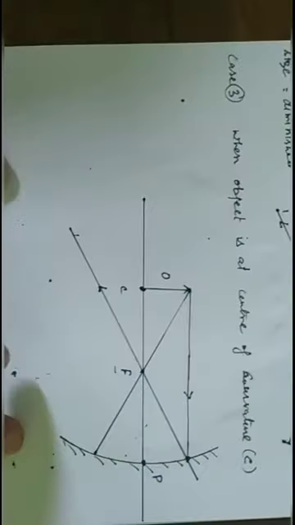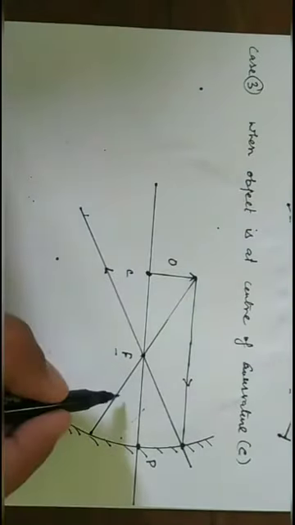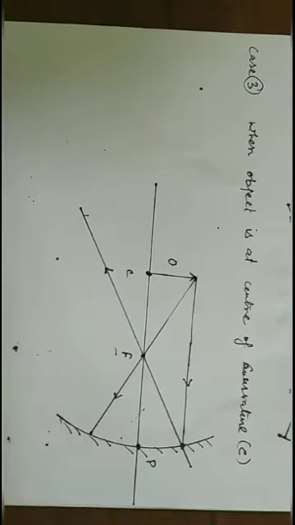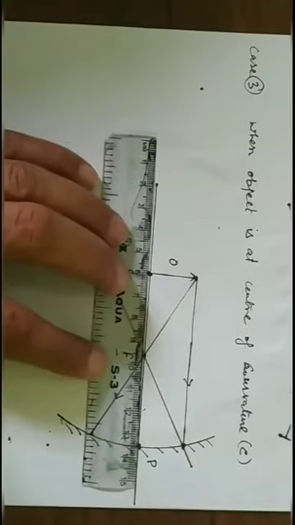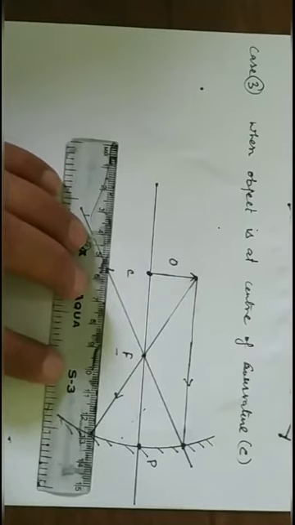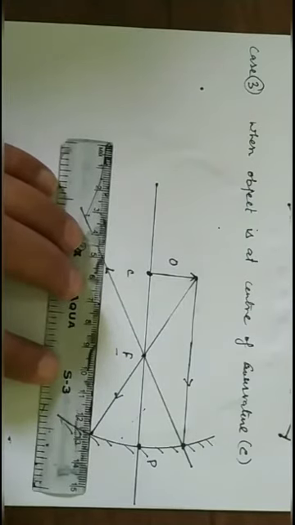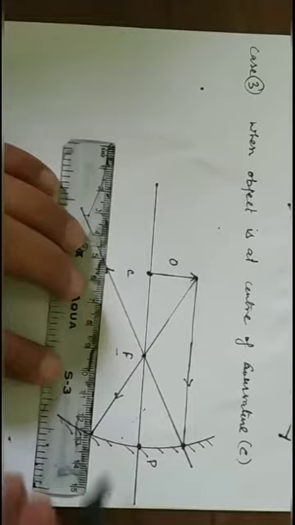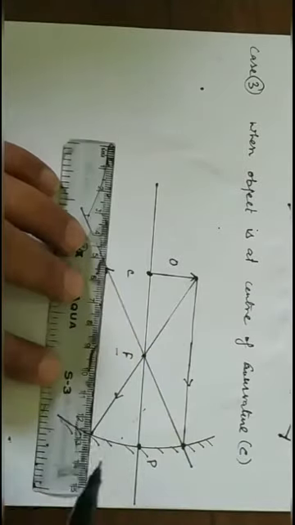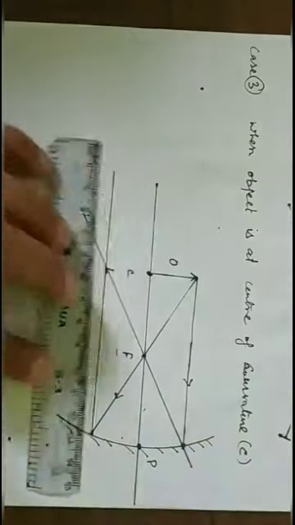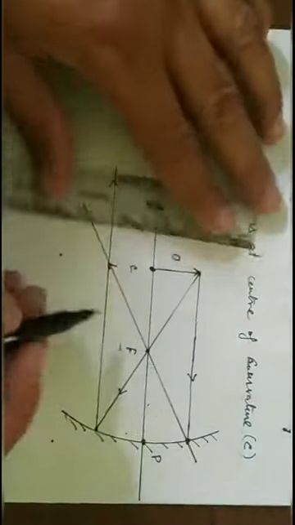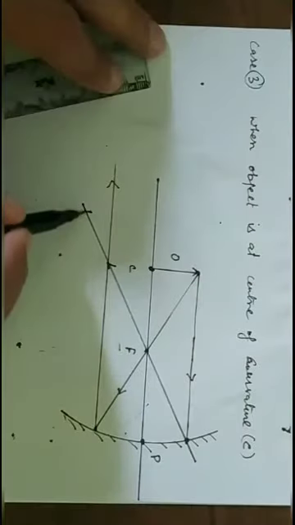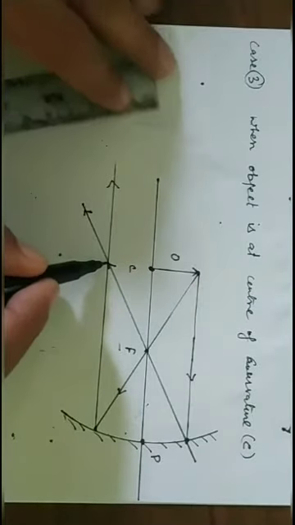Any ray passing through the principal focus will become parallel to the principal axis. So this is your reflected ray, and the image is where the two reflected rays meet. They are meeting at this point.